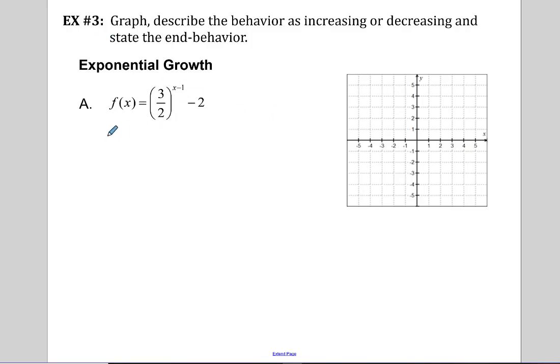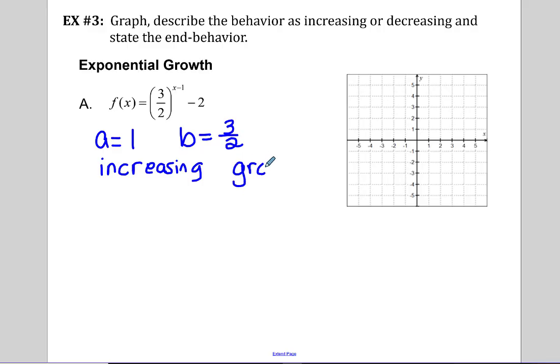Here I have A is positive 1 and the base is bigger than 1. So this has to be an increasing graph because A is greater than 0. A is positive. It's got to be growth in the positive direction, so we could say positive growth.